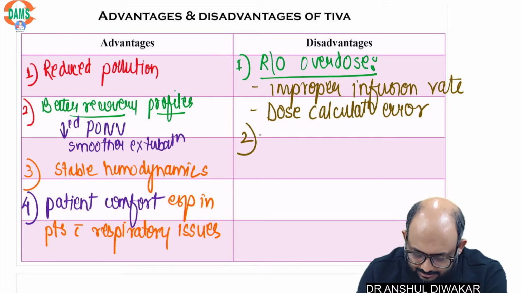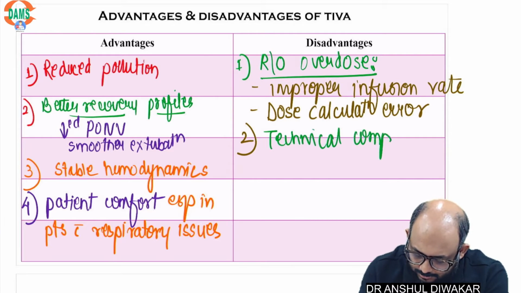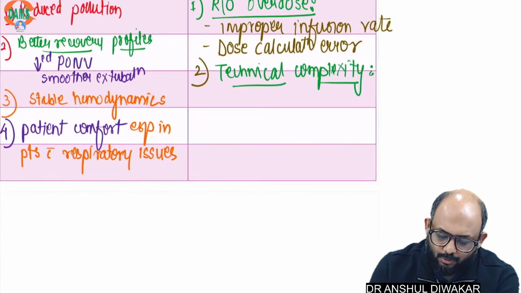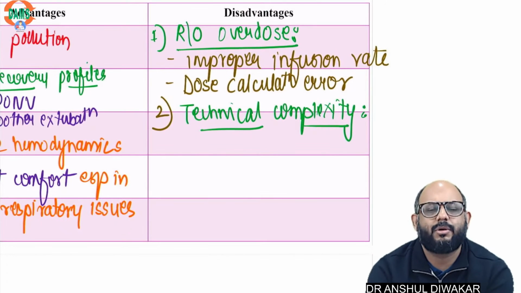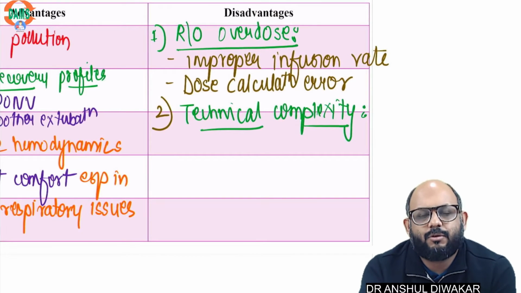Then obviously it has a technical complexity, and that is why most of the people in India do not really know how to give TIVA. We have not been taught this. Frankly, I have never been taught how to give TIVA. It is later on that you learn by experience or you watch somebody do it.